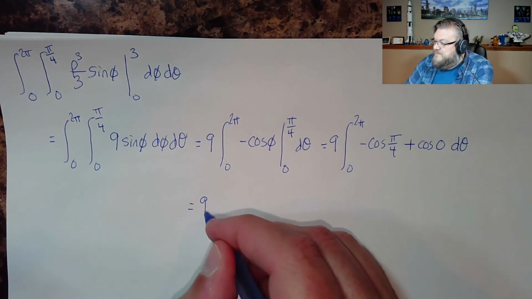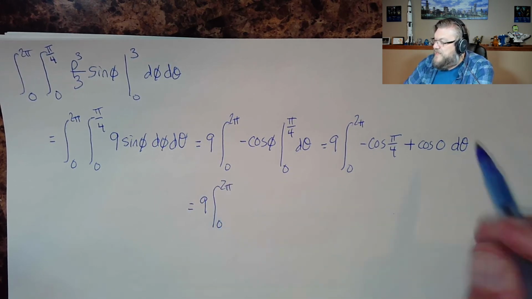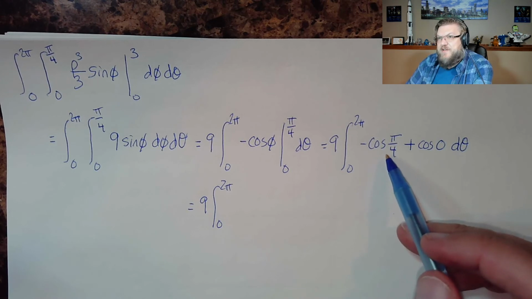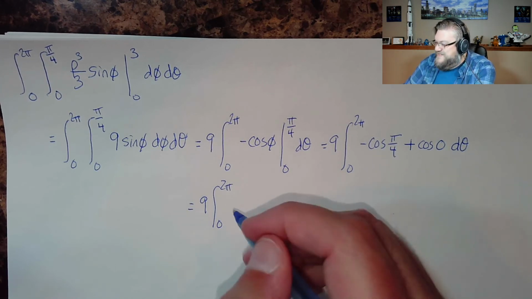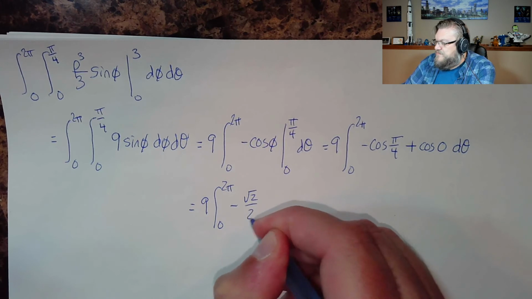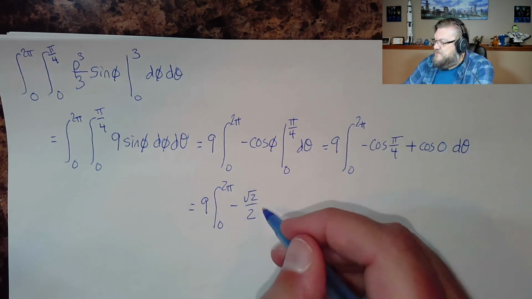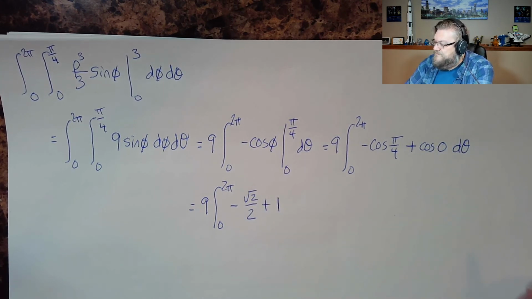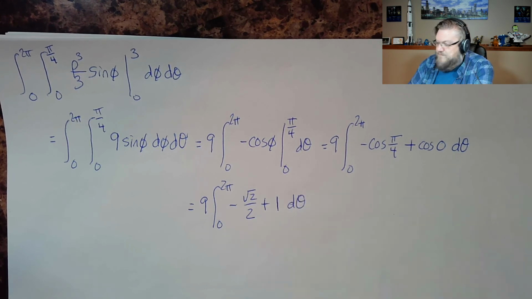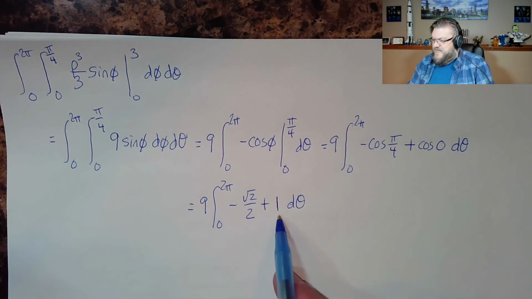These should be easy, right? Let's see. Cosine of pi over 4 is root 2 over 2. So this is going to be negative root 2 over 2 plus cosine of 0. So cosine of 0 is 1. All right. Bottom line, look at this. This is a constant.